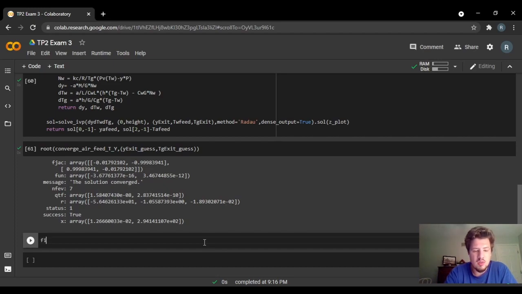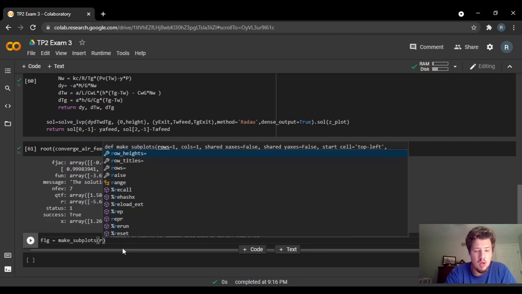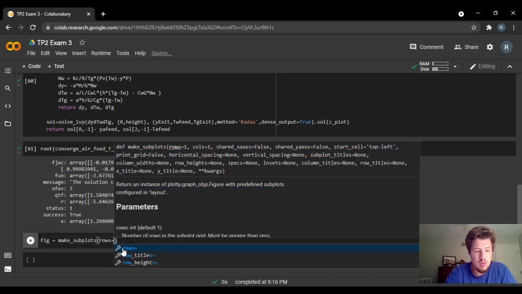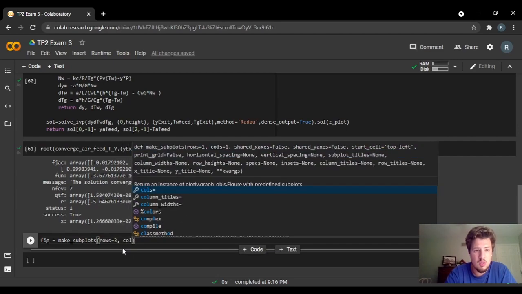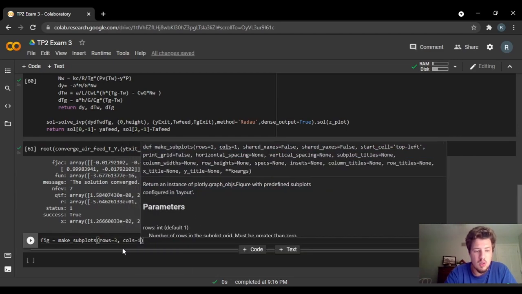The next step is to plot out our graphs. So we want to do fig equals make subplots, with 3 rows, 3 graphs, and 1 column.